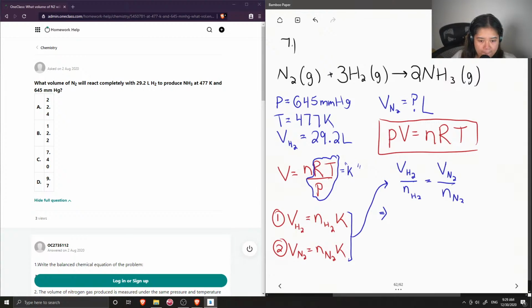We can rearrange this equation and get the number of moles of H2 over the number of moles of N2 equal to the volume of H2 over the volume of N2.